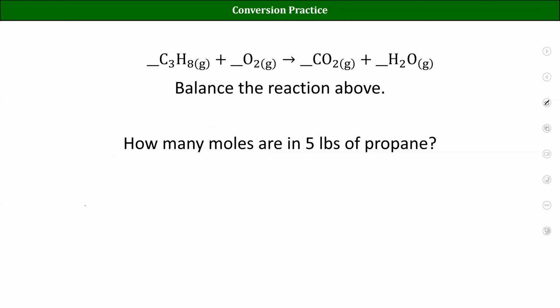All right, let's do another practice. This isn't butane burning in oxygen, this is propane burning in oxygen. Similar reaction, except the balancing is going to be different.